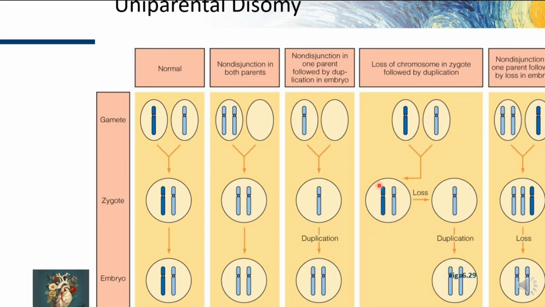This chromosome is lost, and then it duplicates itself, leading to uniparental disomy. And in this variant you can see non-disjunction in one parent followed by loss in the embryo. This is diploid and this is normal haploid. This will initially lead to triploid, and then one chromosome is lost, and this leads to uniparental disomy.